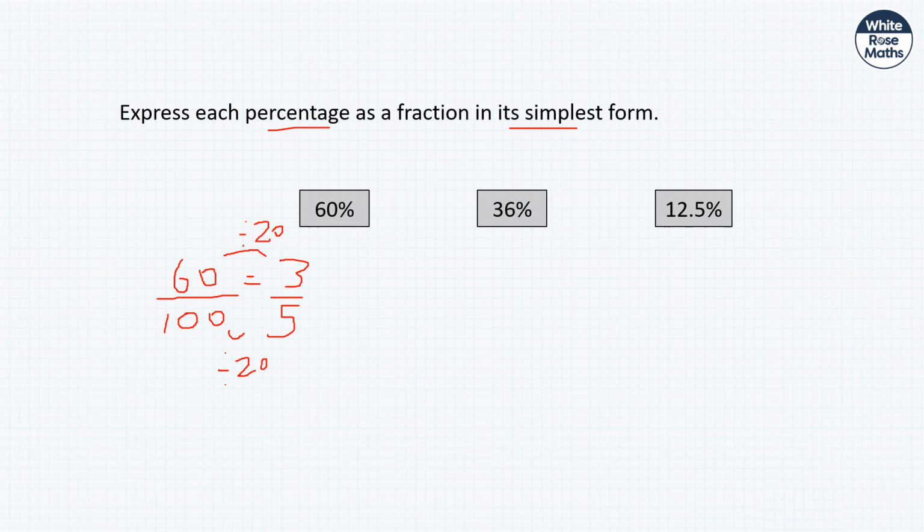Okay, 36% is going to be 36 hundredths, which simplifies to 18/50ths. Divide top and bottom by 2, and then because they're both even again, I can divide by 2 again, and I get 9 out of 45.